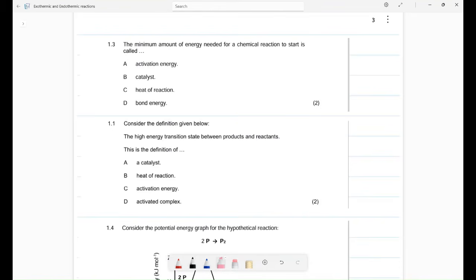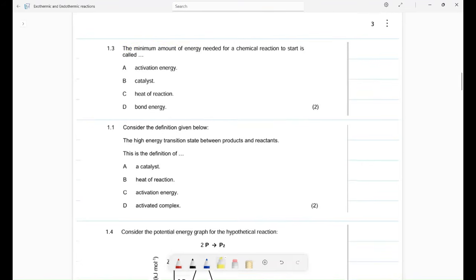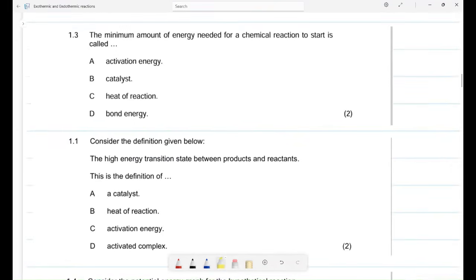So 1.3 says the minimum amount of energy needed for a chemical reaction to start is called. Now this is you just knowing your definitions. Let me zoom that out for you.